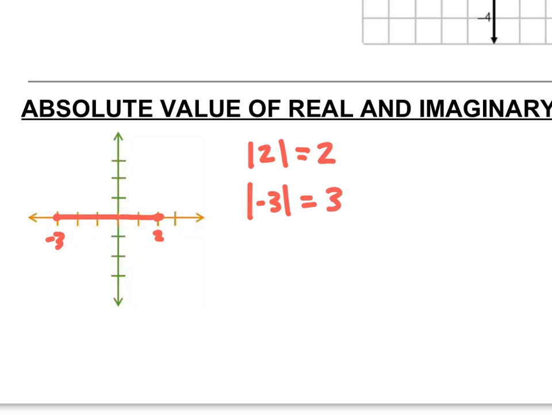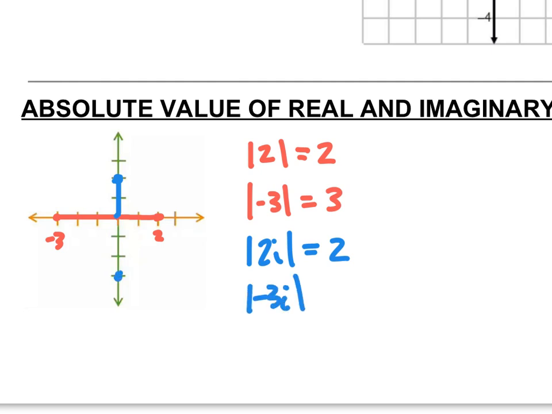Let's say we wanted to find the absolute value of 2i. 2i would be the point up here, and we're just talking about units. How far away is 2i from 0, the origin? That's 2 units away. What if we wanted to find the absolute value of negative 3i?